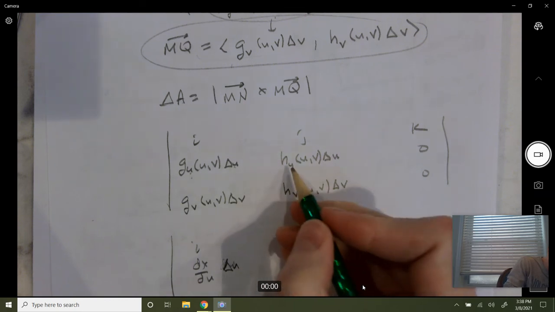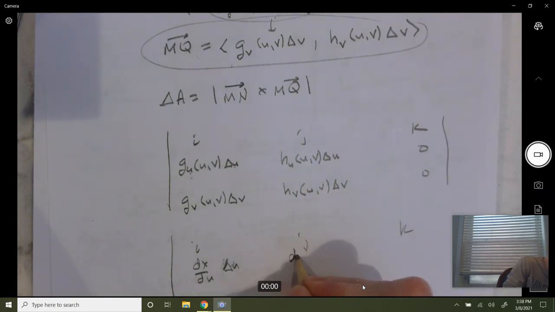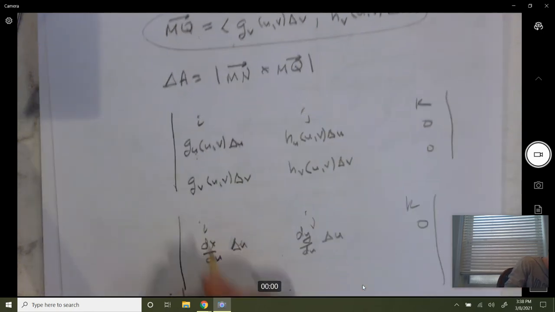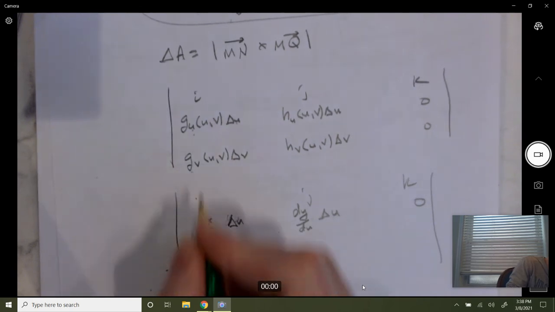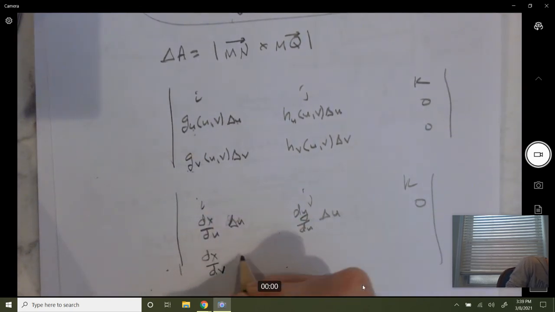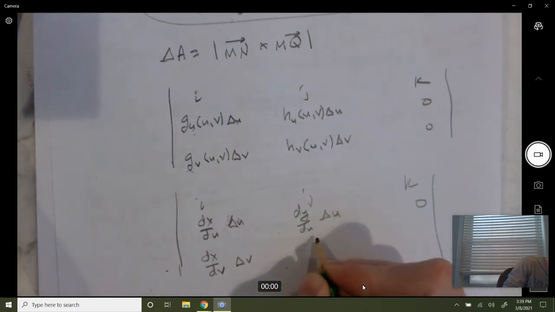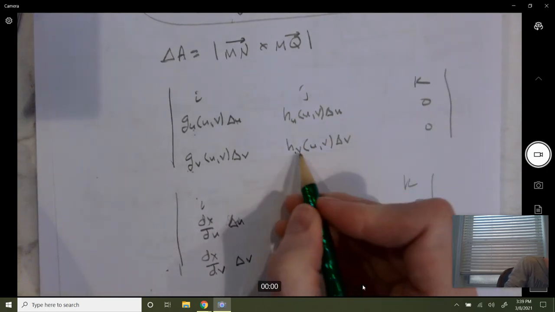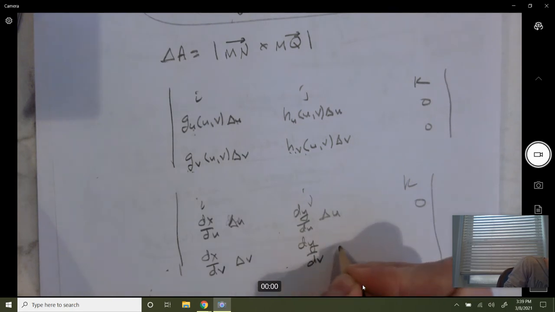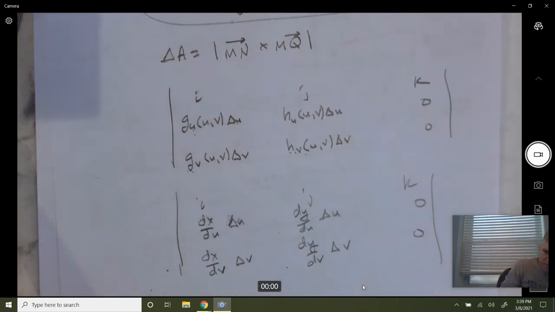And this is your y value, so this is a dy du delta u, and that's a 0. And since g is your x function, this is a dx dv delta v, and this is a dy dv delta v, and that's a 0.